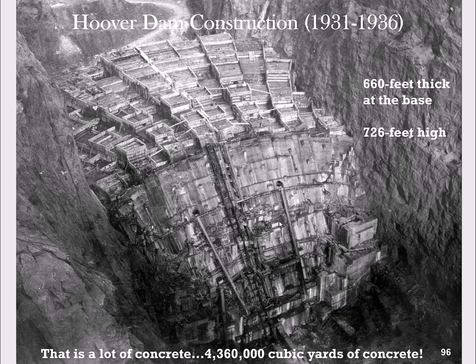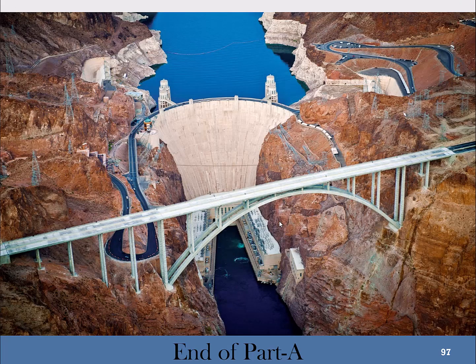This is when they were forming it. Back then, a lot of manual labor was involved, a tremendous amount of labor, which they needed because in the Great Depression a lot of people were out of work, so it gave a lot of people meaningful work. A very important dam to this day, and here it is today in the background.